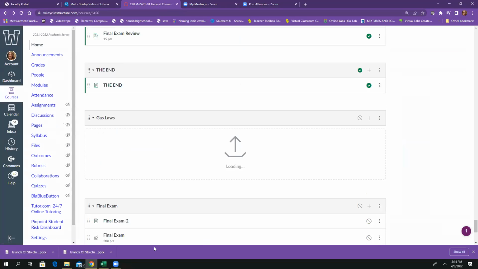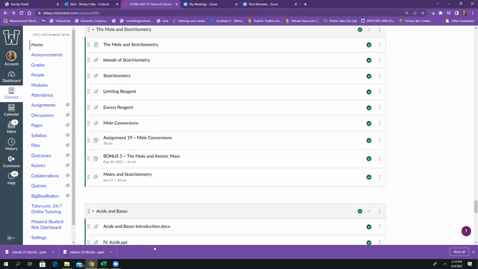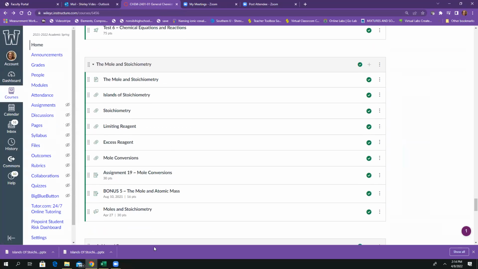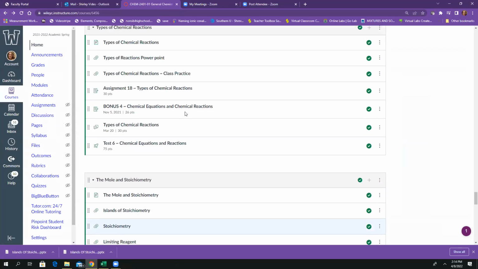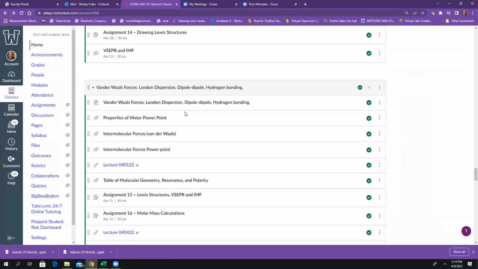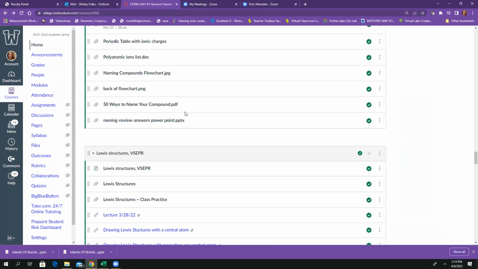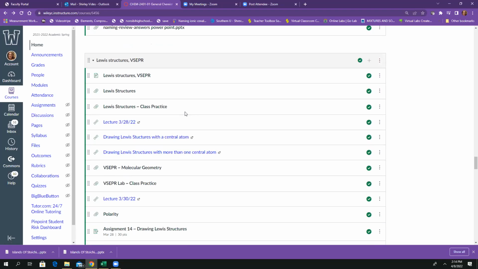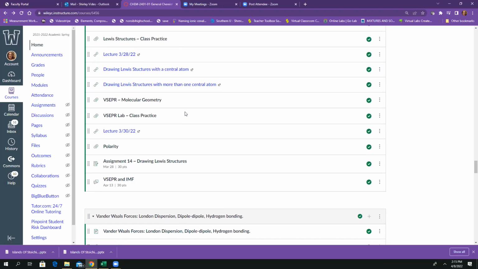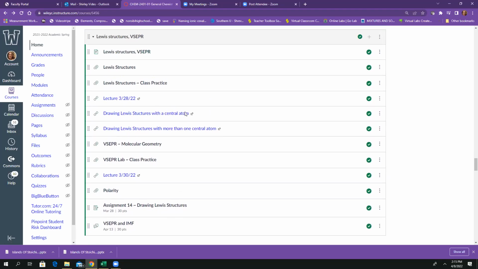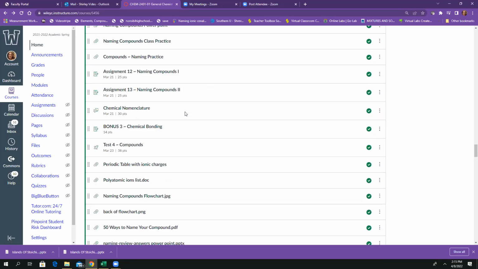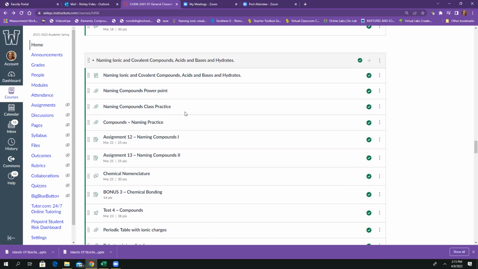I didn't put gas laws in because I didn't think we needed it yet. All right, so molar mass. Where's my molar mass? Oh, we did molar mass already. It was up here somewhere.